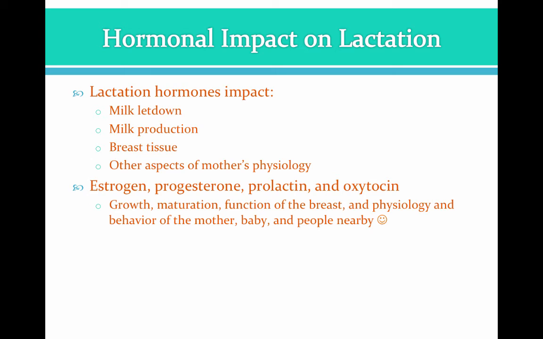The hormones that we are going to focus on are estrogen, progesterone, prolactin, and oxytocin. And these hormones have a role in the growth, maturation, function of the breast, and physiology and behavior of the mother, baby, and people nearby.